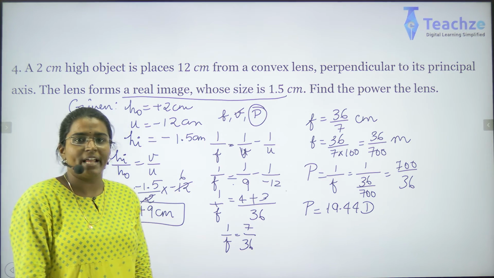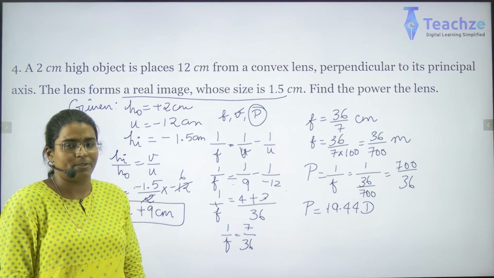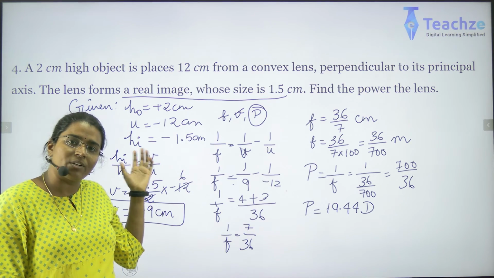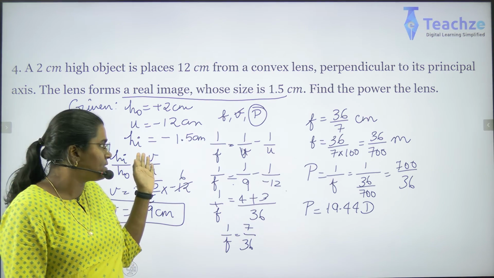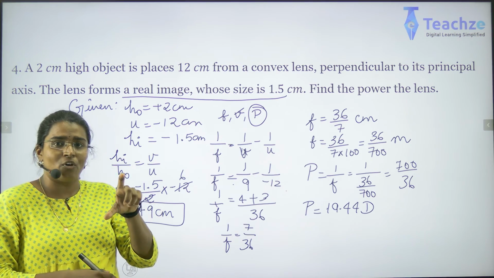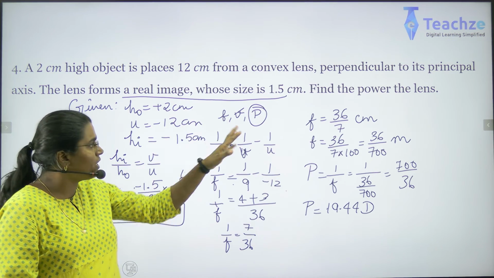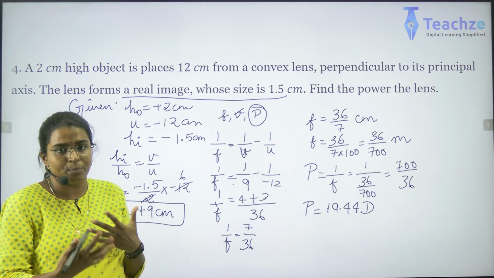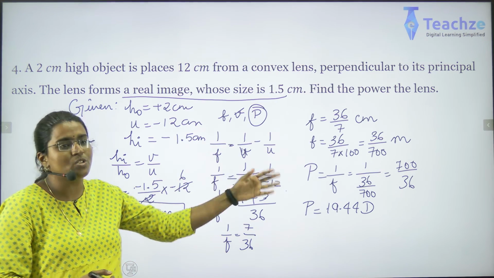Are you clear? So with whatever is given in the question, just write down whatever is given and then choose the correct formula with the relation and find one of the variables that is to be found out, and then you can just build on it.